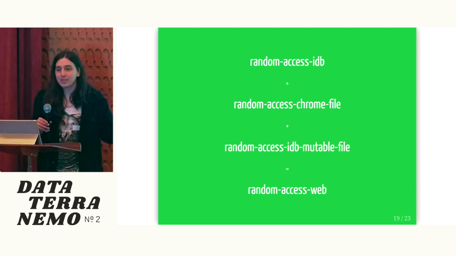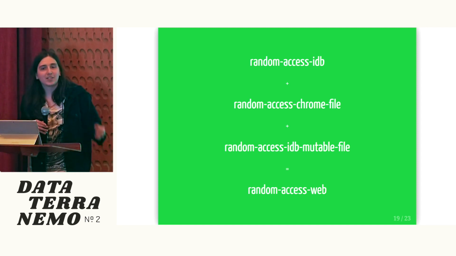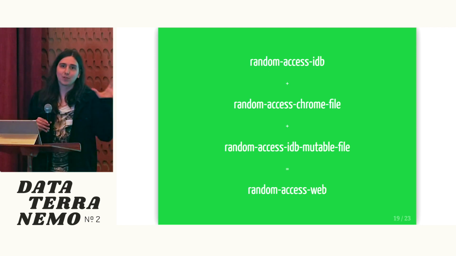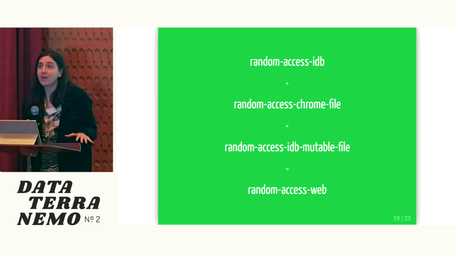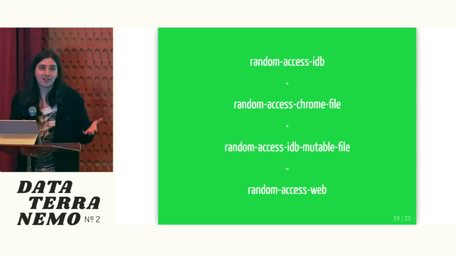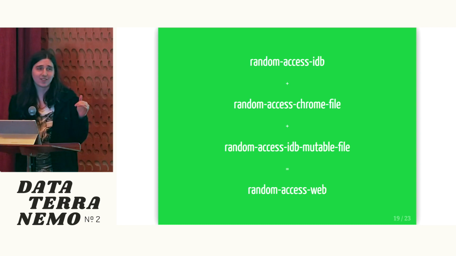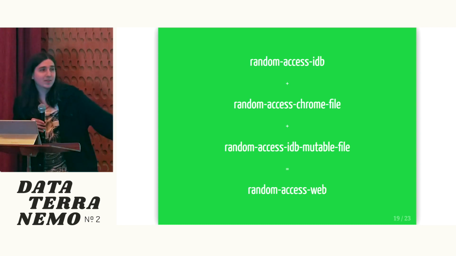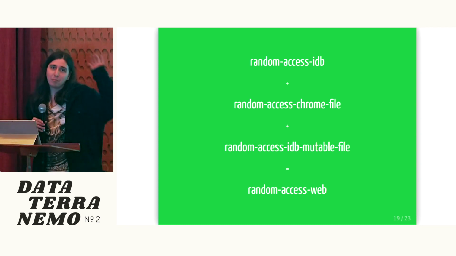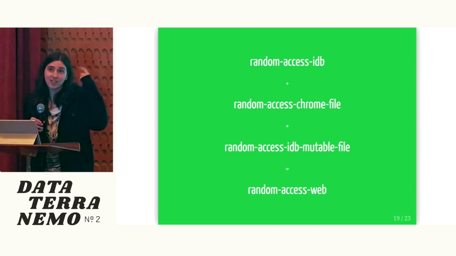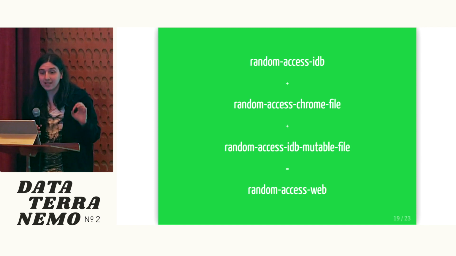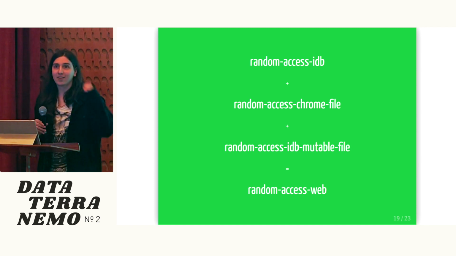So what we did was we took all of those things together and just put it behind one interface called Random Access Web. So now if you want to store stuff in the browser using hypercores or whatever else that uses random access storage, you can just npm install Random Access Web, plug it into your hypercore, and it'll actually choose whatever the best storage mechanism is. And this actually changed things a lot.